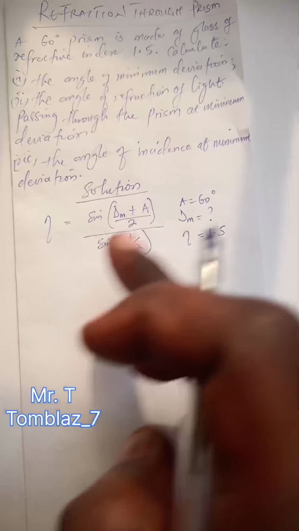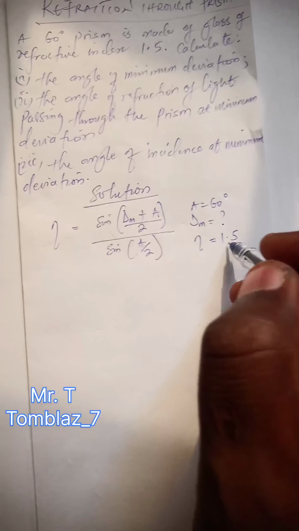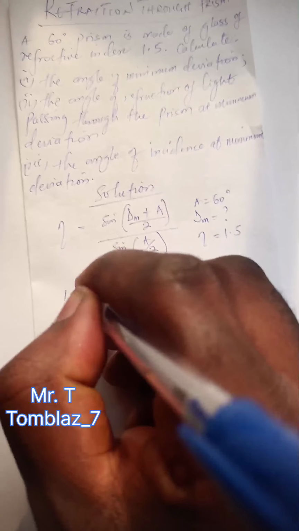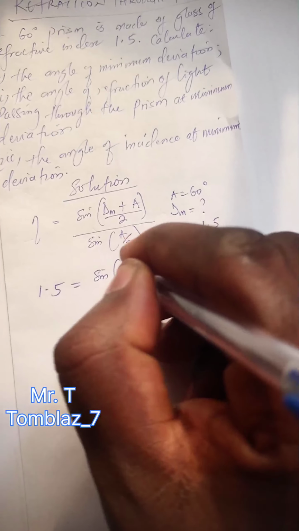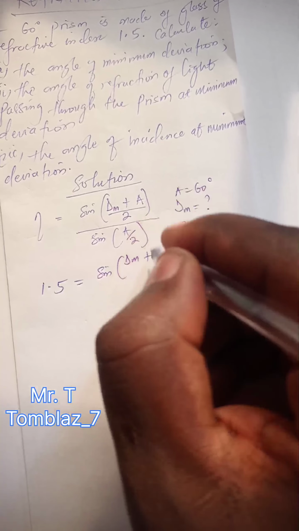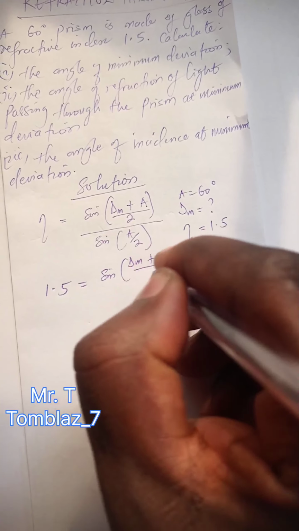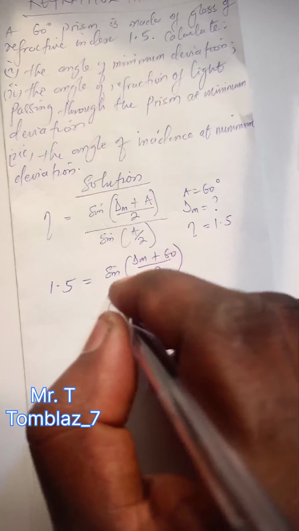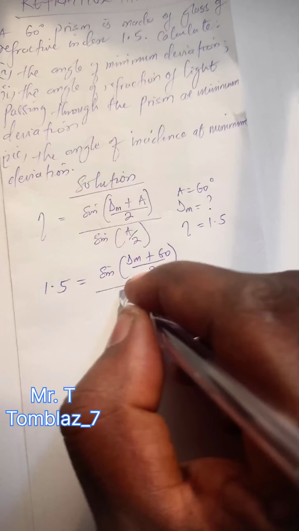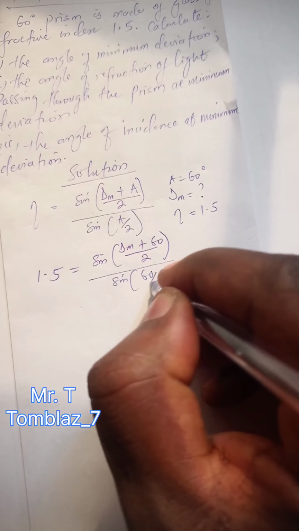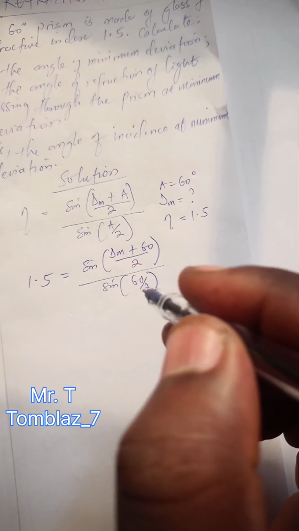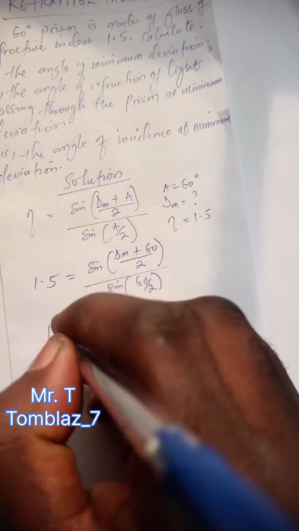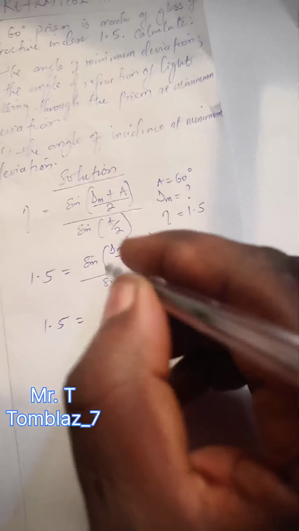So let's substitute the values into this. So this is 1.5 equals sine of Dm plus A, which is 60, all over 2, then divided by sine 60 over 2 again. Alright, so let's deal with the denominator.